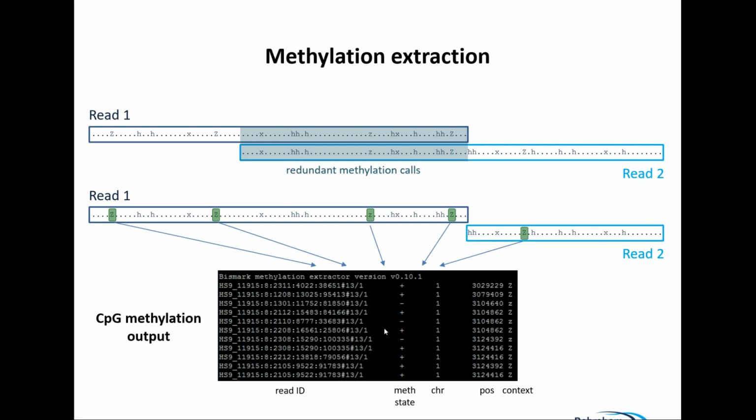This is now reduced to a simple text file with 5 columns. This is the read ID. Then we have a methylation state column where plus means methylated and minus means unmethylated. Then we have the chromosome and the position. And in this case, it's only a single base per position because we're looking at cytosines at single base resolution.